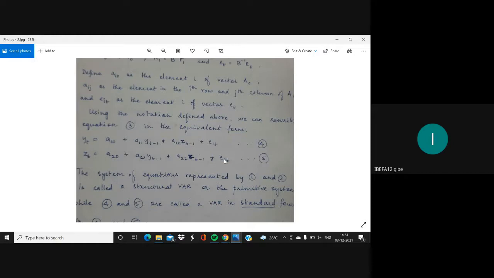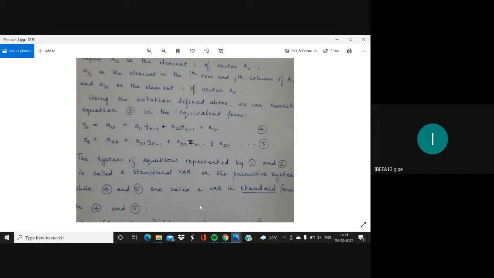In 4 and 5, you don't have any of the endogenous variables, yt and zt, on the right hand side. You have their lagged values appearing, which is a huge difference here. Because of that, the system 1 and 2 is known as a structural VAR or the primitive system, while 4 and 5 are called a VAR in the standard form.